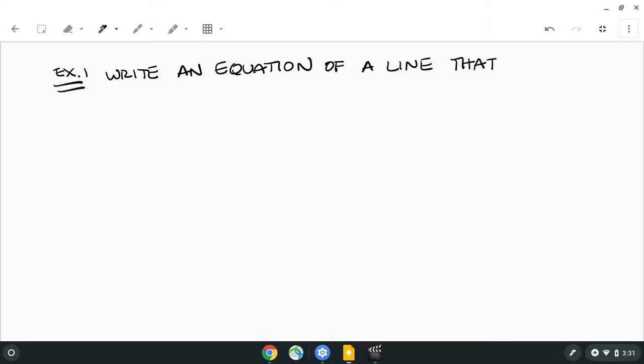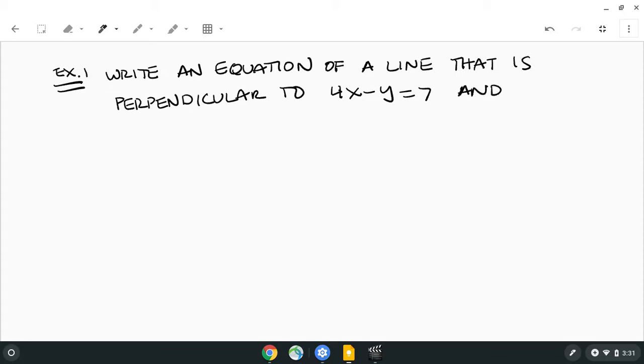Let's take a look at this example. Write an equation of a line that is perpendicular to 4x minus y equals 7 and passes through (2, 5).